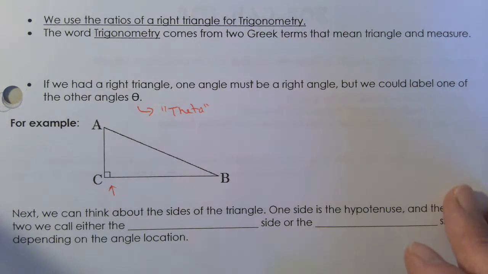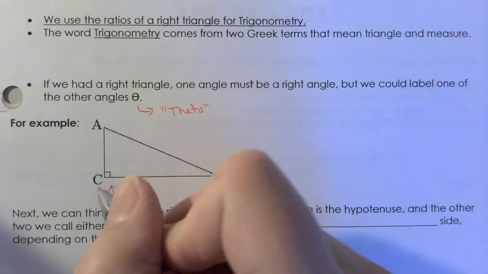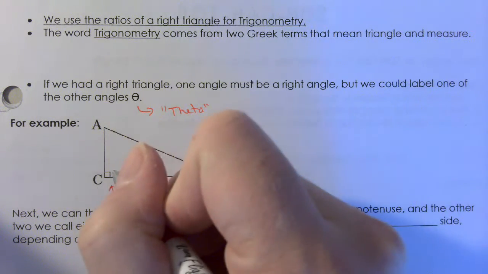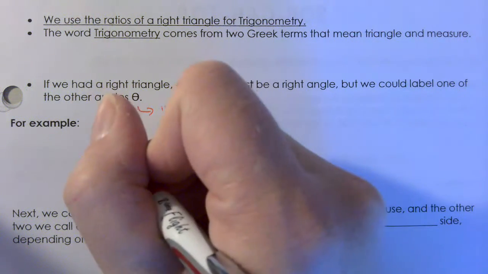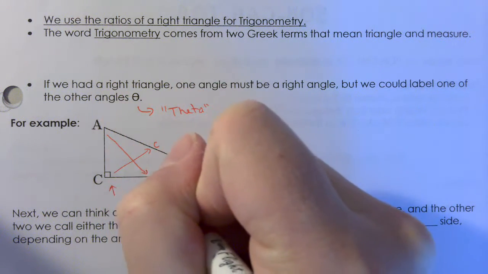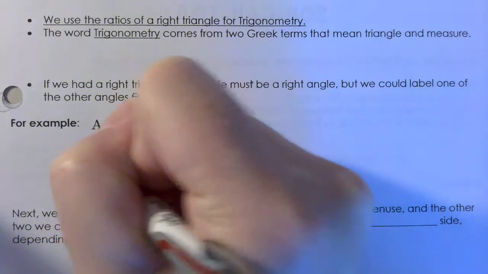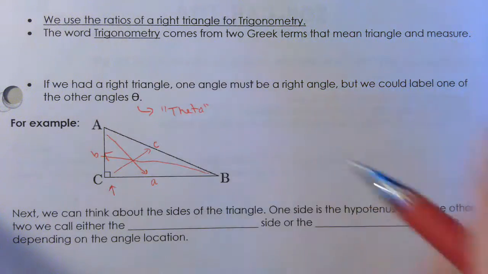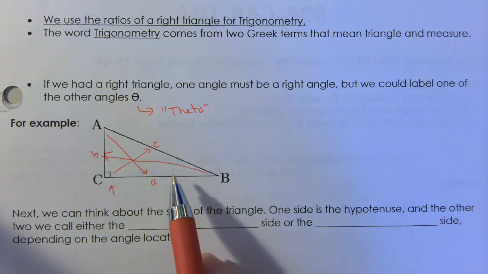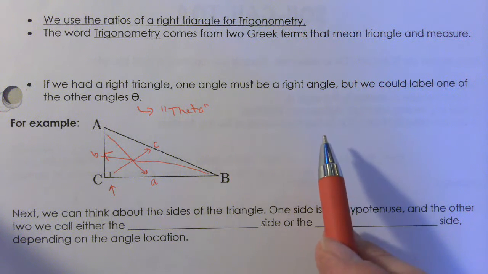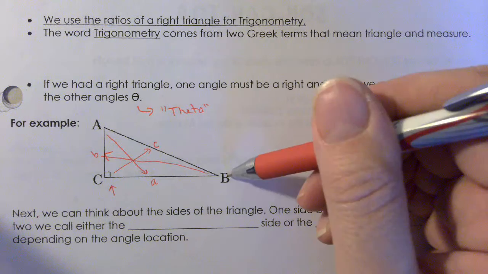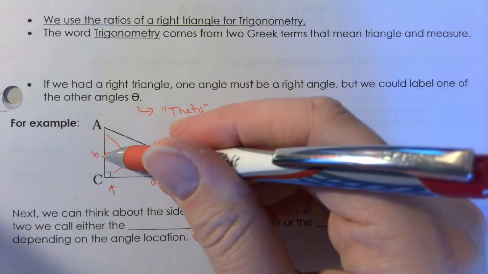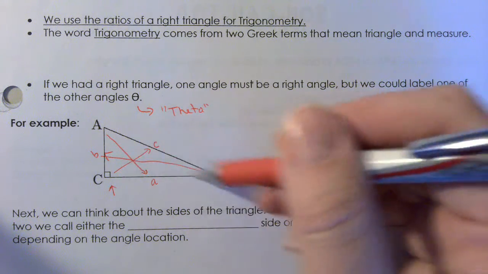The other thing I want to remind you of: if this is capital C for the vertex, the opposite side is lowercase c. Capital A, its opposite side is lowercase a. Capital B, it's lowercase b for the side. So if I tell you triangle ABC and side B is 5 units, with this being angle B, side B would be opposite. I don't have to name it AC, I know it's b.